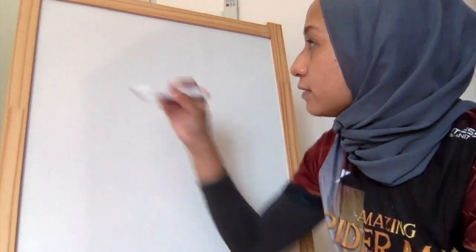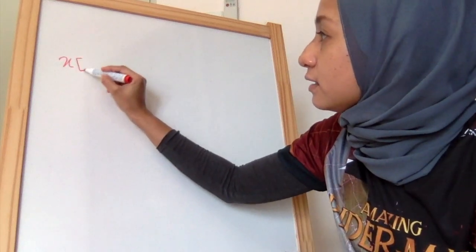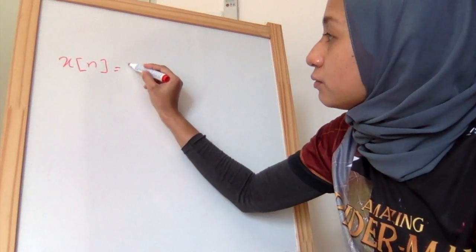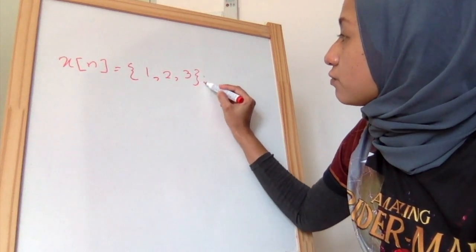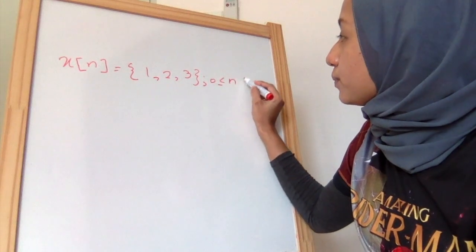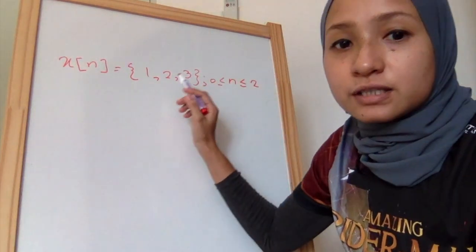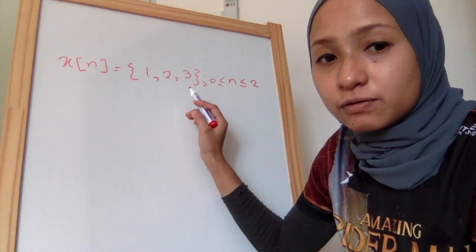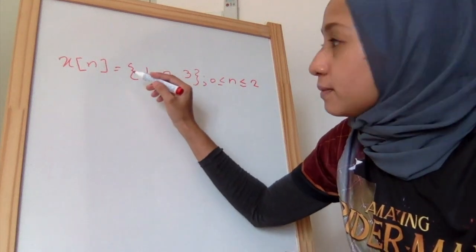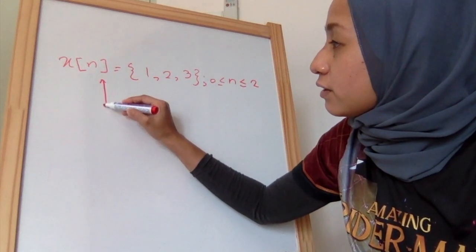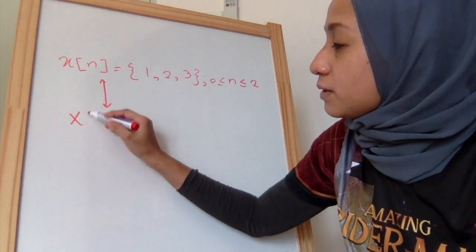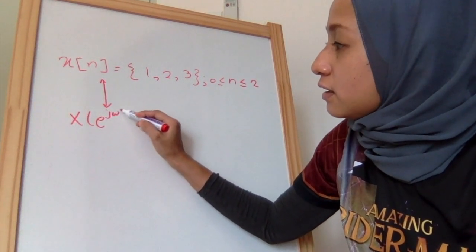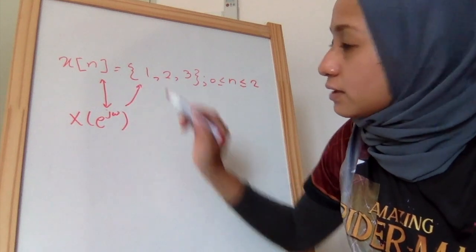For example, we have x[n] equal to 1, 2, 3. The range is from 0 to 2. So this is considered as finite length sequence. In chapter 5 we are going to determine the X(e^jω) of this sequence.